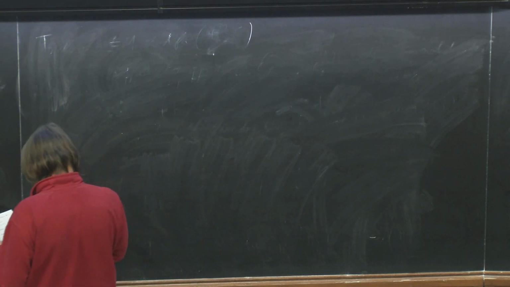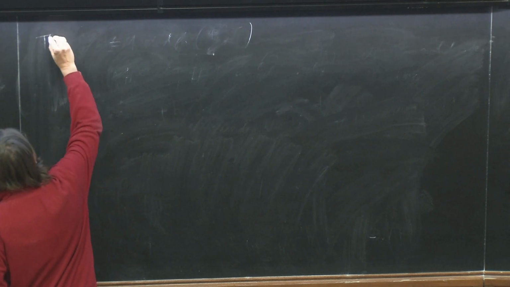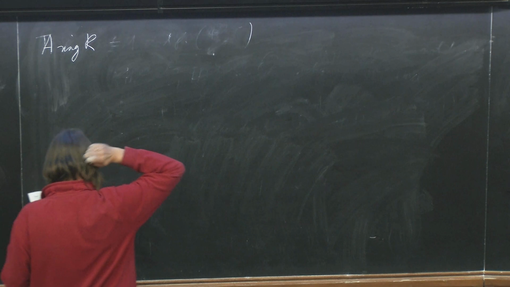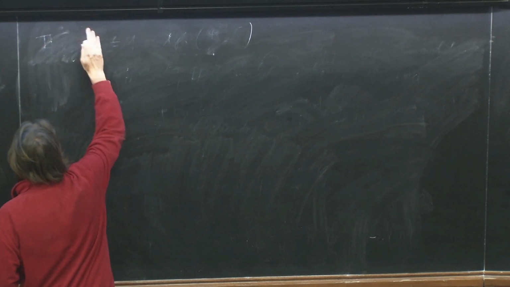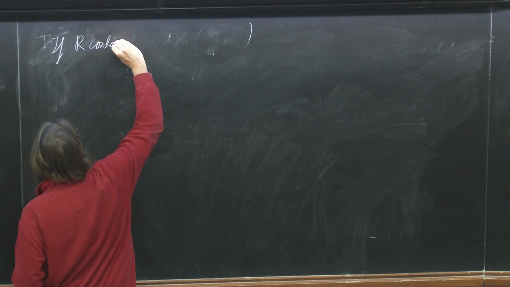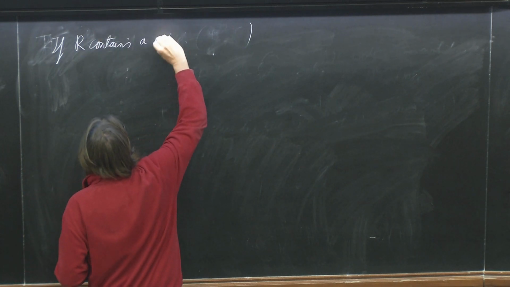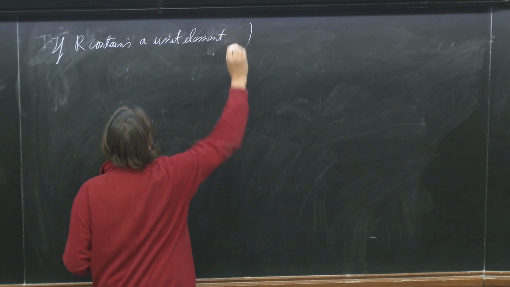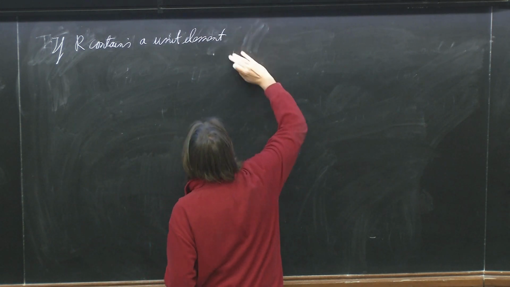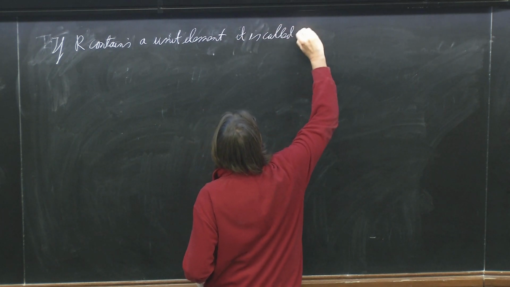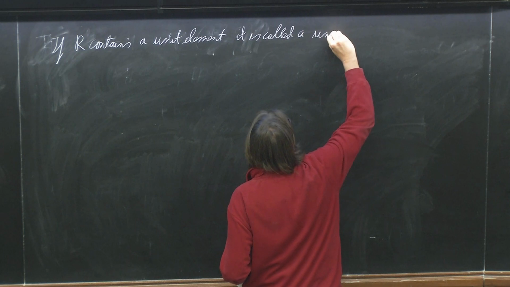So a ring R, if R contains a unit element, it is called a unital ring.